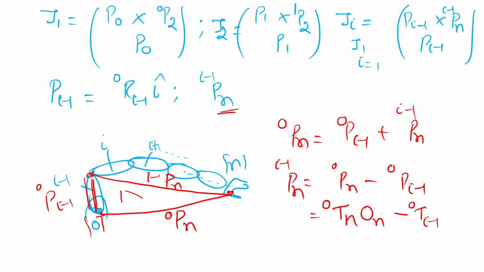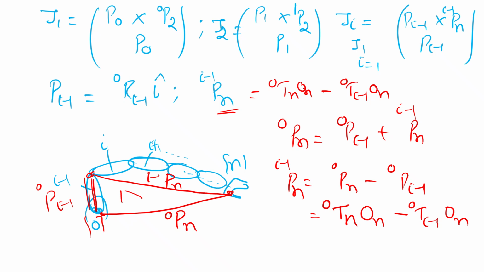Since I want only the position vector, that has to be multiplied by the same vector. So P(n,i-1) is T(n,0) O(n) minus T(i-1,0) O(n). Let's calculate this.